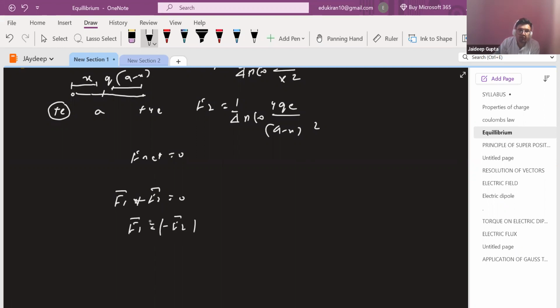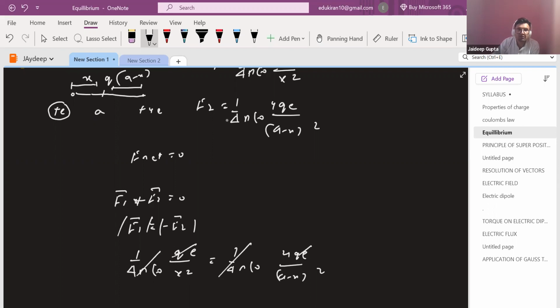If we take magnitudes on both sides, the forces are equal in magnitude but opposite in direction. So F1 is 1 over 4 epsilon, QE over X square, and 1 over 4 epsilon, 4QE over (A minus X) whole square. QE will cancel out.